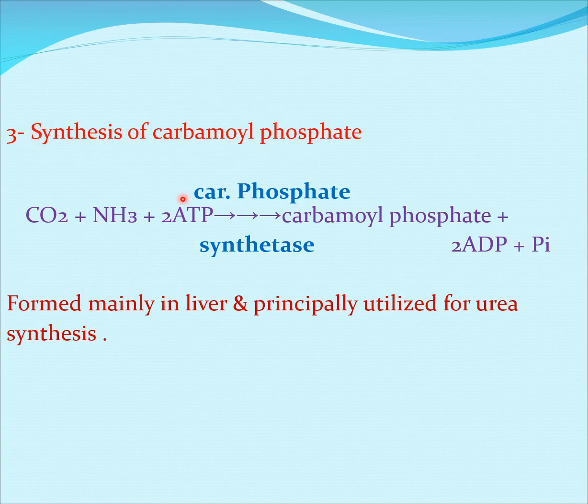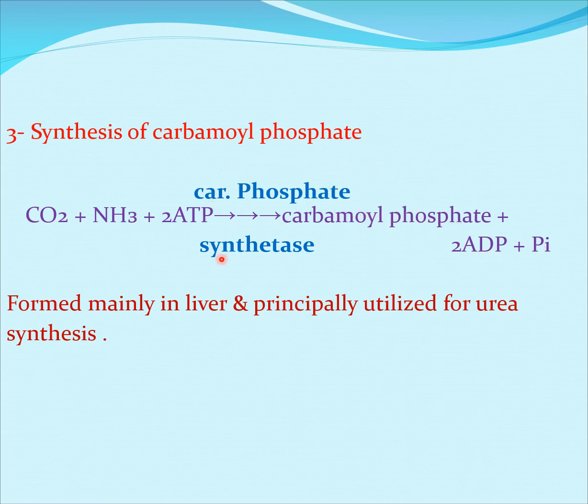Carbamoyl phosphate is an important intermediate product involved in the synthesis of urea, which we will discuss in the next lecture. CO2 plus ammonia with 2 ATP by the important enzyme carbamoyl phosphate synthetase, carbamoyl phosphate will be formed plus 2 ADP and Pi.